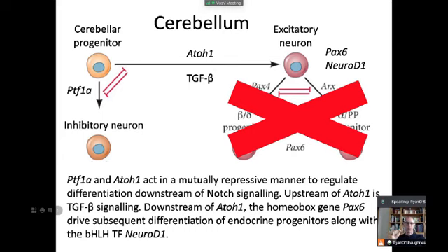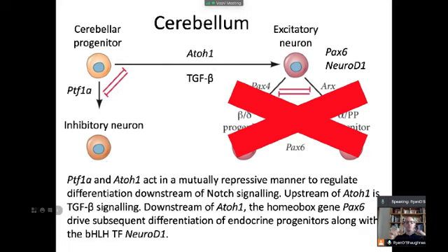The ATOH1 expressing cells then become excitatory neurons in the expression of PAX6 and NeuroD1. But we don't get any of that downstream binary decision making between beta and alpha cells because that's not required in the cerebellum. So PTF1A and ATOH1 act in a mutually repressive manner to regulate differentiation downstream of Notch signaling.